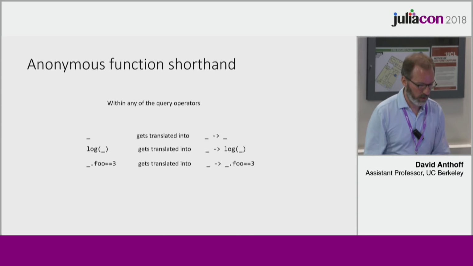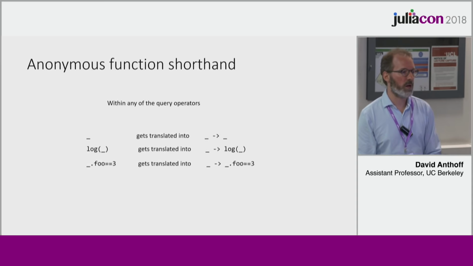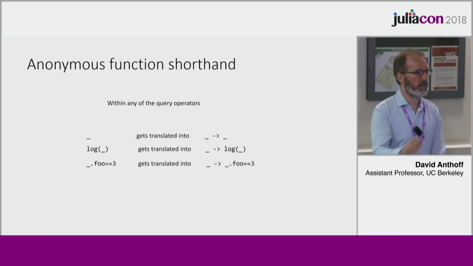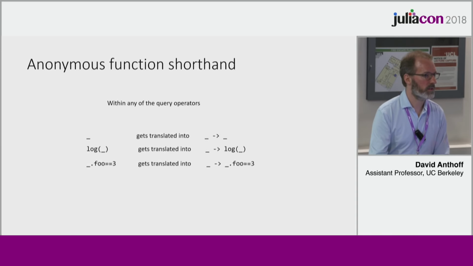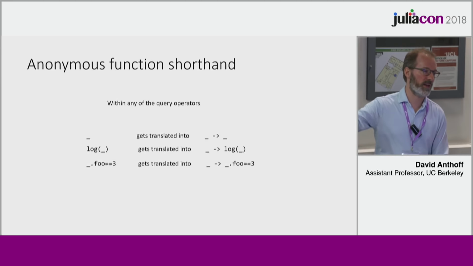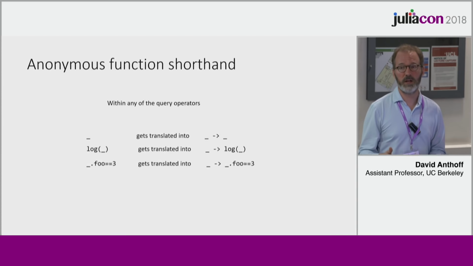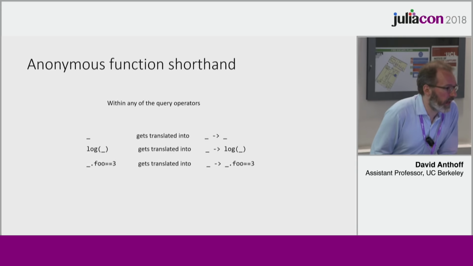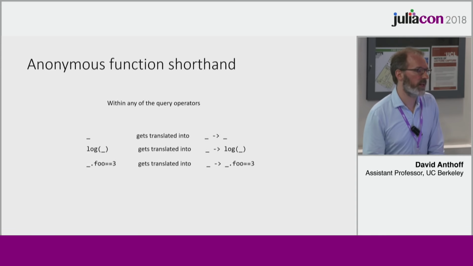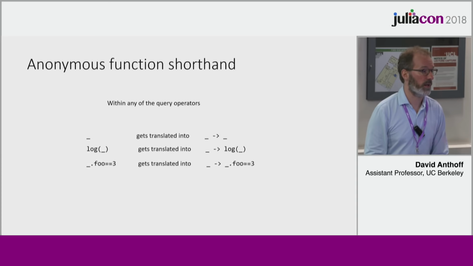So how does that work? Well, if you just write an underscore, it actually gets translated into an anonymous function, like the first line here on the right-hand side. It gets essentially translated into an identity anonymous function. If you write something like log underscore, it gets translated into an anonymous function that gets one argument, the name of the argument is underscore, and then the log function gets called on it.